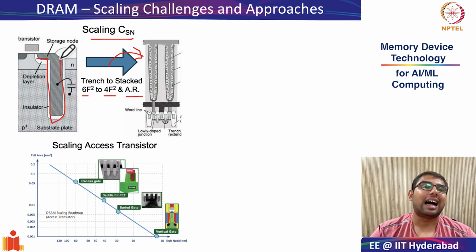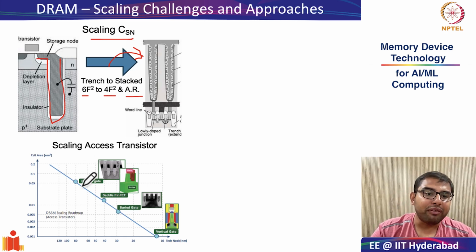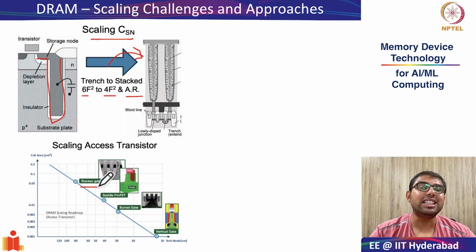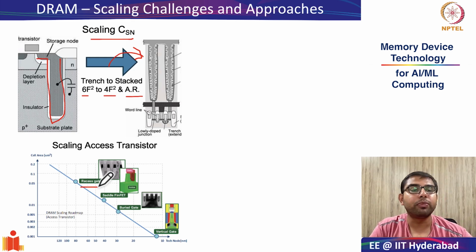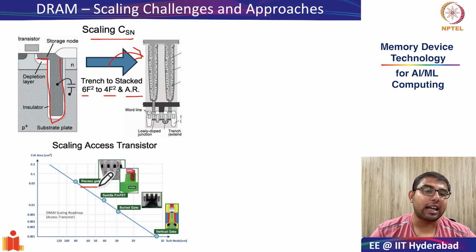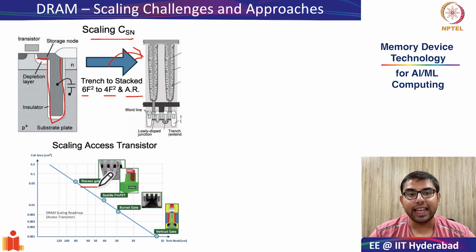Also, we saw how by having specially designed recess gate transistors and further versions such as saddle FinFETs and buried gates, you can scale the access transistor of your DRAM cell. The philosophy of scaling the access transistor was to reduce your off-state leakage and as far as possible to reduce the leakage mechanisms which will prevent frequent refresh.